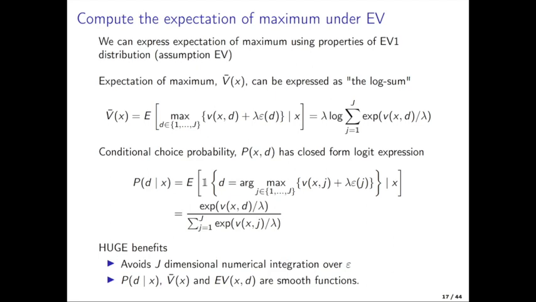Okay, because this is all nested inside the maximization routine. Another thing here is that P, the conditional choice probabilities, the integrated value functions, and the expected value functions are all smooth functions with respect to the continuous states, but also with respect to the parameters that index those functions, which is important when we want to estimate the model.